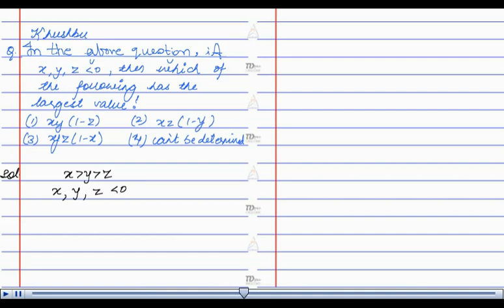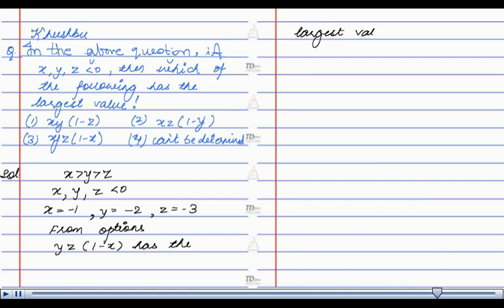Taking any arbitrary values of x, y and z, like x is equal to -1, y as -2 and z as -3, from options we have yz into 1 minus x has the largest value. And therefore, the correct answer is option number 3.